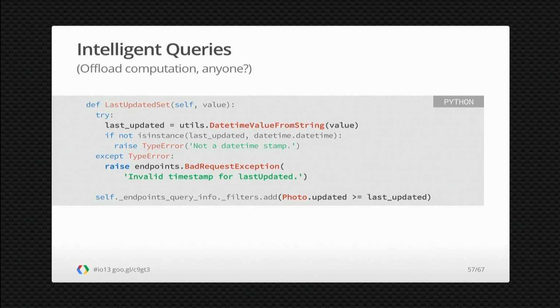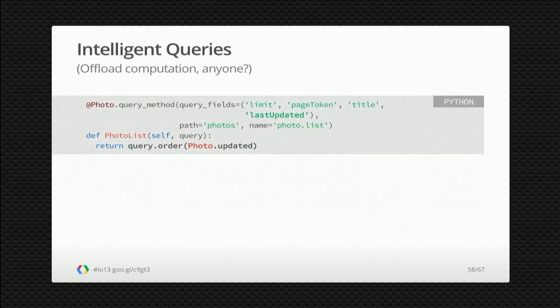And finally, when we're actually serving this request, in the same way we got a photo.method decorator, we have a photo.query_method decorator, which allows us to interact directly with a data store query instead of directly with the data, the photo from the request. And so we want to order that query by when it was updated.